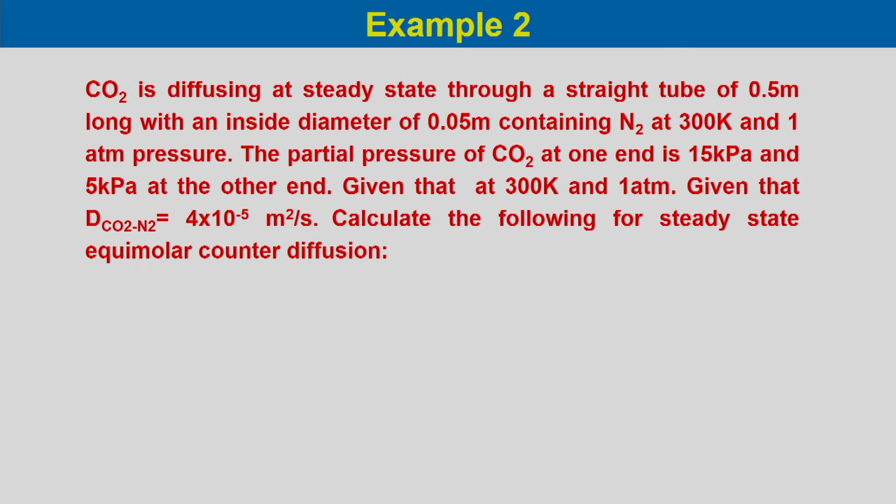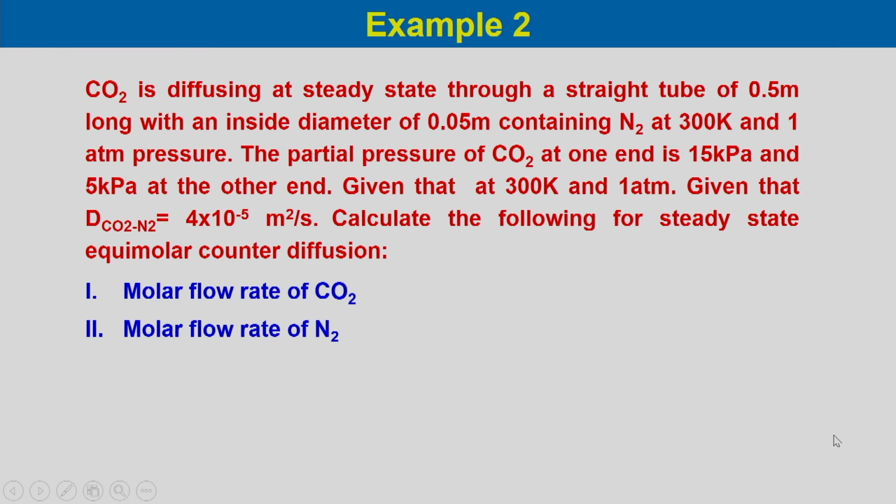Given that at 300 Kelvin and 1 atmosphere pressure the diffusion coefficient is 4 into 10 to the power minus 5 meter square per second. Now, we need to calculate the following for the steady state equimolar counter diffusion: the molar flow rate of carbon dioxide and the molar flow rate of nitrogen, and we need to see whether they are equal or not.